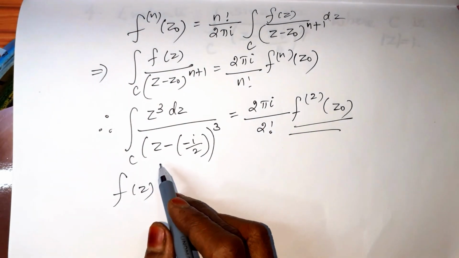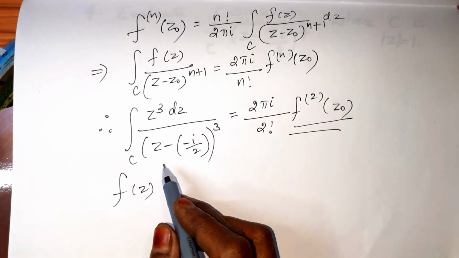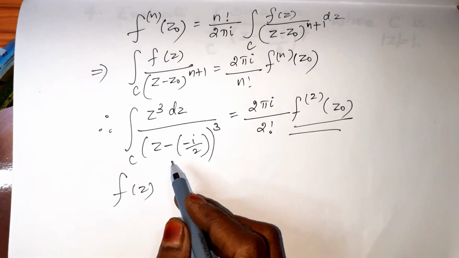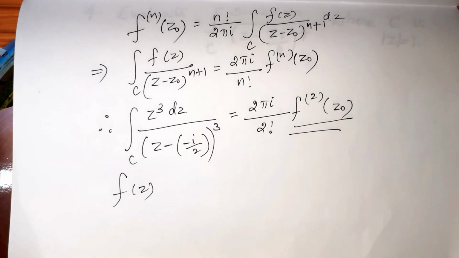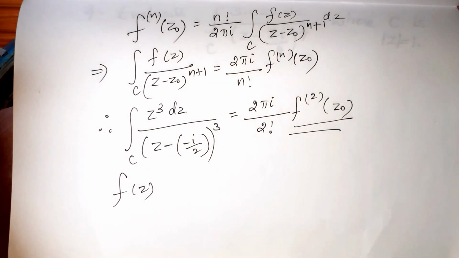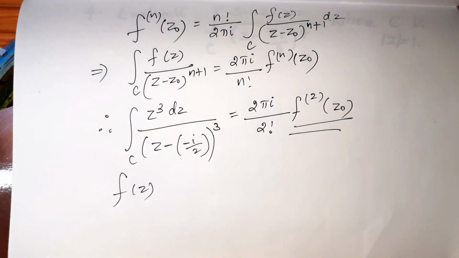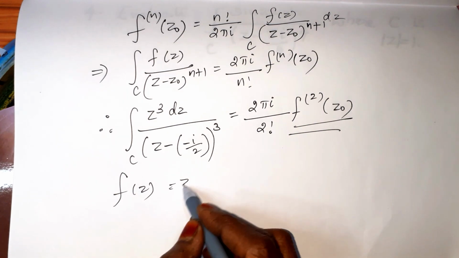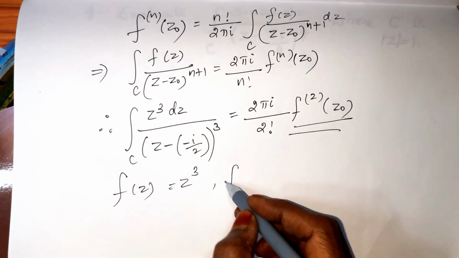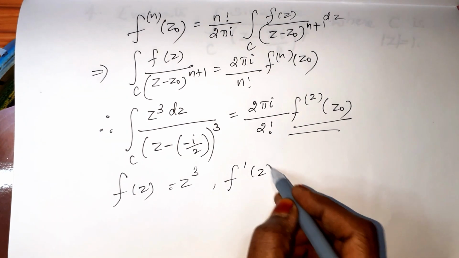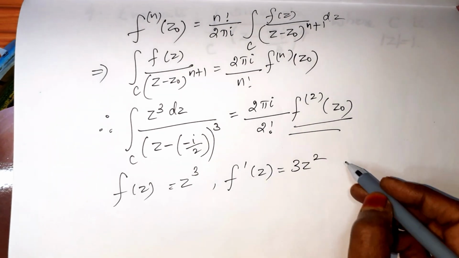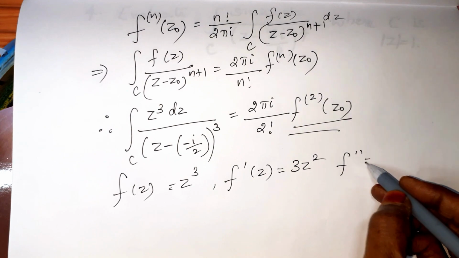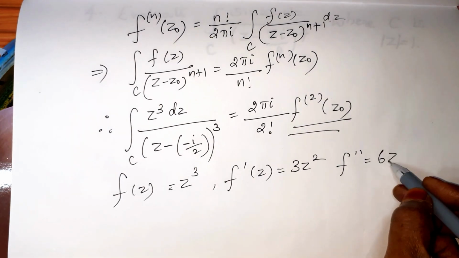Am I right? So f of z given is z power 3. So this has to be differentiated 2 times. How many times we have to differentiate? Twice. So z power 3, when I find the first derivative, f dash, it is 3z square, and f double dash is 3 into 2, 6z.